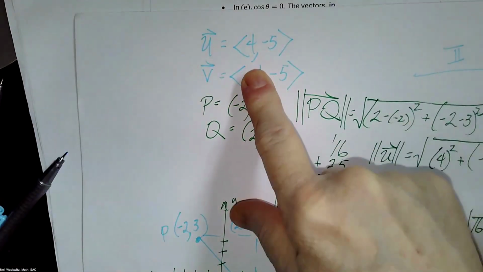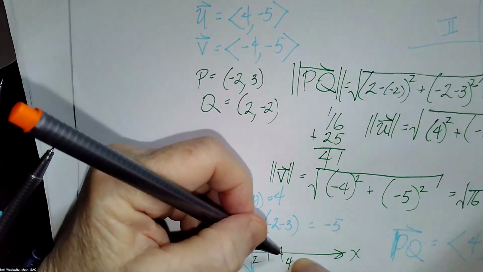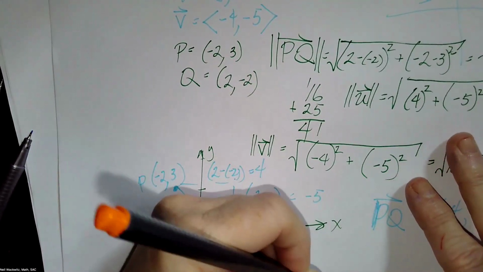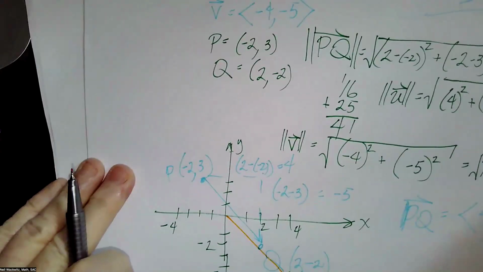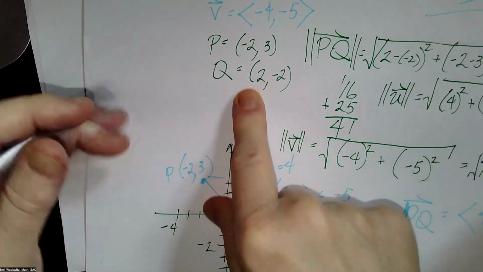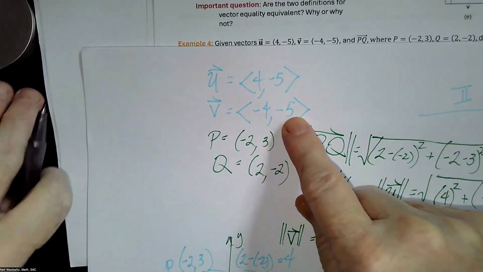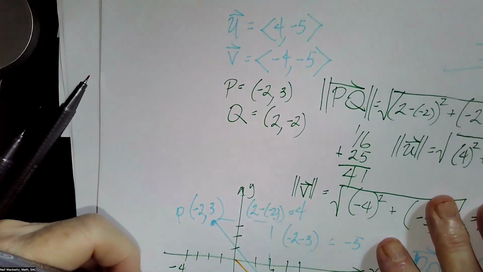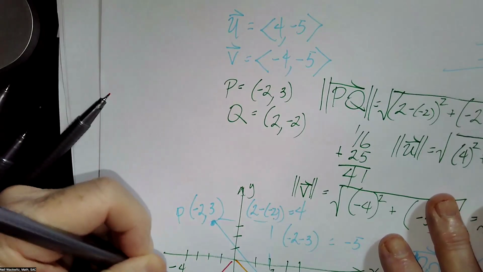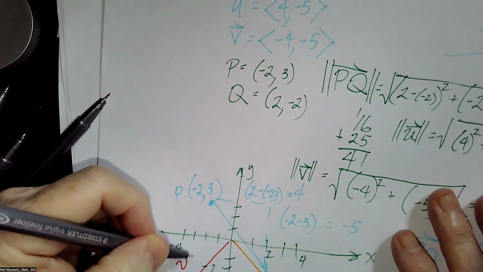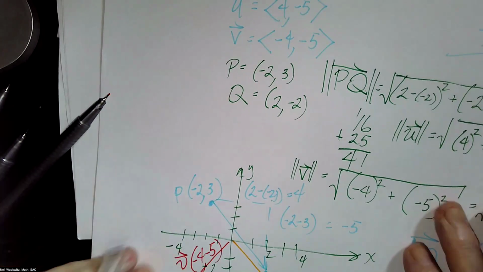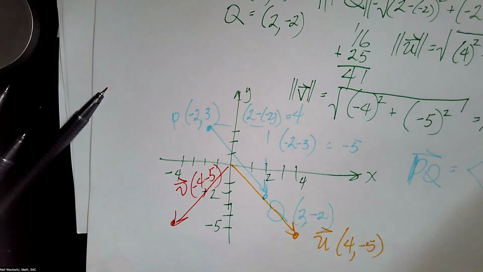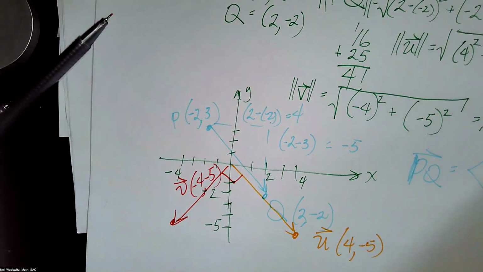U is 4, -5, whereas V is -4, -5. So it looks like they're at right angles with one another.